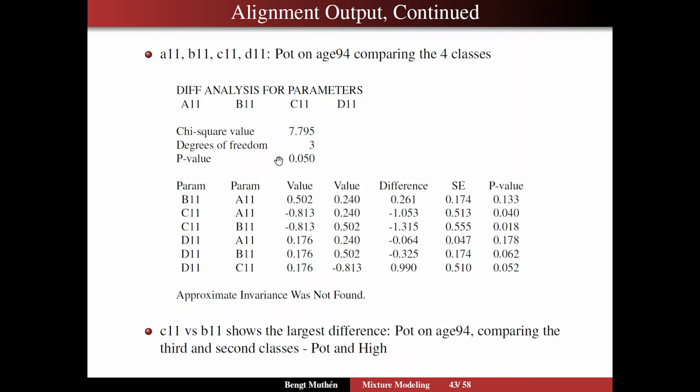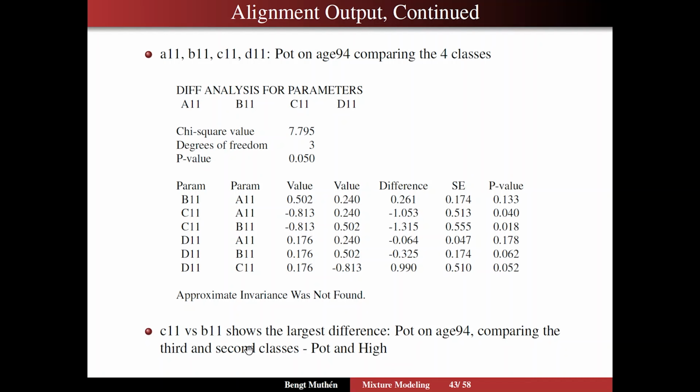And in this case we have a borderline significance for testing the class differences. And we can then look at where that borderline significance comes from and look at small p-values here. And we see that the smallest one is for comparing C11 and B11.